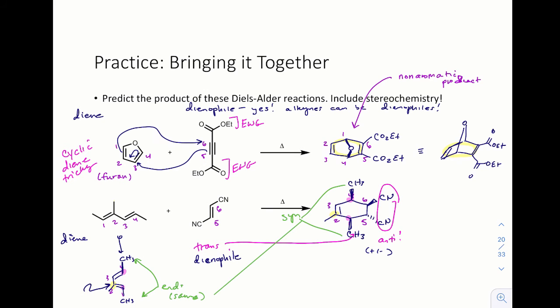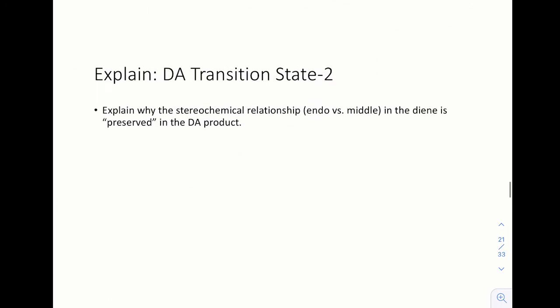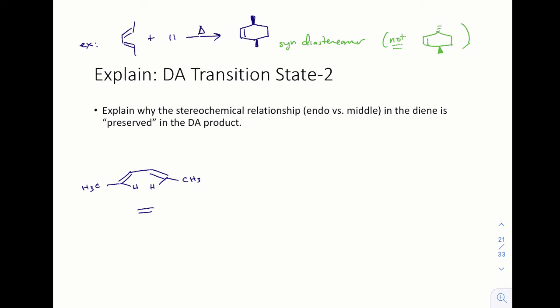We're getting better and better at predicting the products of Diels-Alder reactions. Okay, let's now explain why the stereochemical relationship in the diene, substituents being on the ends versus being on the middle, is preserved in the Diels-Alder product. We will use this diene as an example.